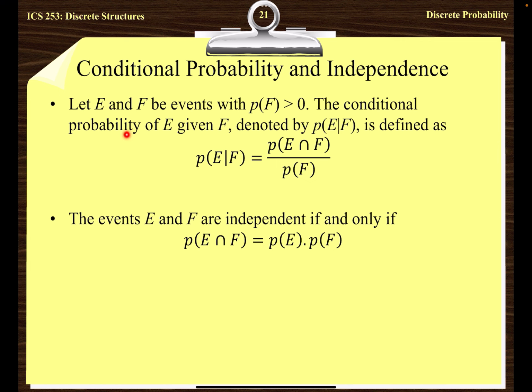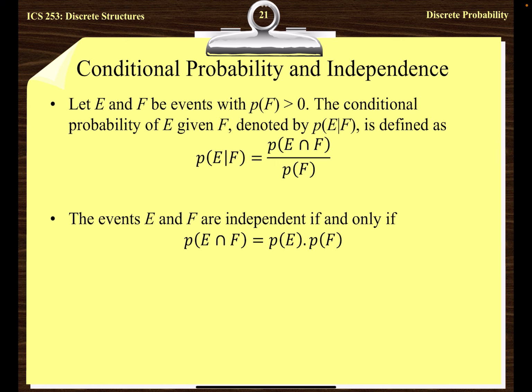The conditional probability of E given F, denoted by probability of E given F, is defined as the probability of the intersection of E and F divided by probability of F.